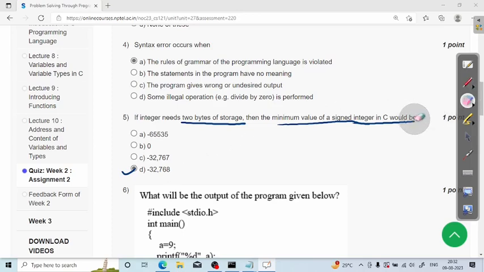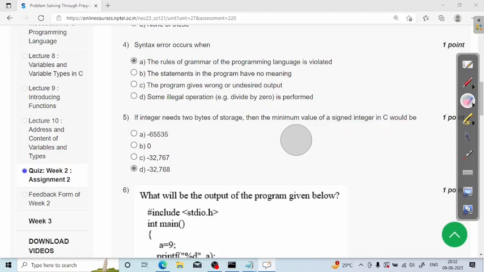Why is it like this? Let's try to understand. The question says signed integer. Signed integer means it will have numbers in the positive section as well as the negative section.